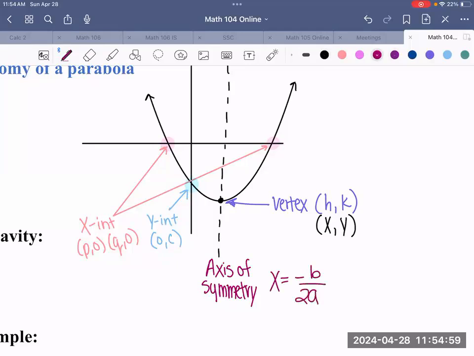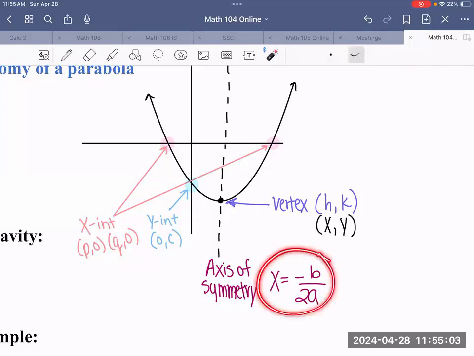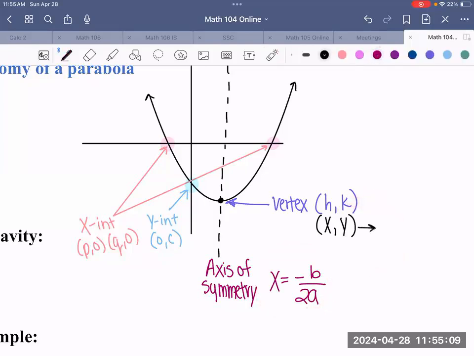As long as you have this value, we can also plug it into your formula to find your y value. So it can also be written as (negative b over 2a, f of negative b over 2a). That just says, hey, we can plug it back into your original formula to get out the vertex.